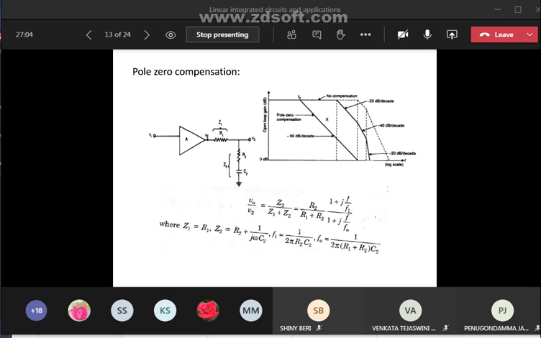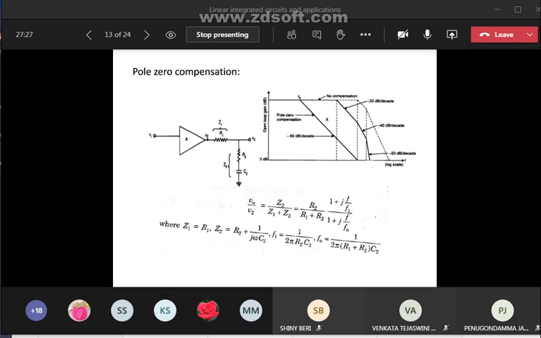So V0 by V2, right? This point is V2, here it is V0. So V0 by V2 equal to Z2 by Z1 plus Z2. Here Z2 equal to R2 minus jXC2, right? The series combination of these two components.